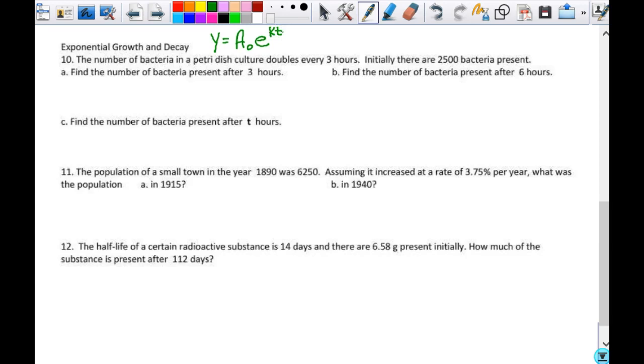So that's a great formula for half-life type of stuff, or if something's doubling or whatever, if you know what k is, right? But if we know that something is doubling, we don't necessarily need to be so fancy. So we're going to look at this both ways, because you do need to know how to find k, because that's really more what your assignment's going to be like.